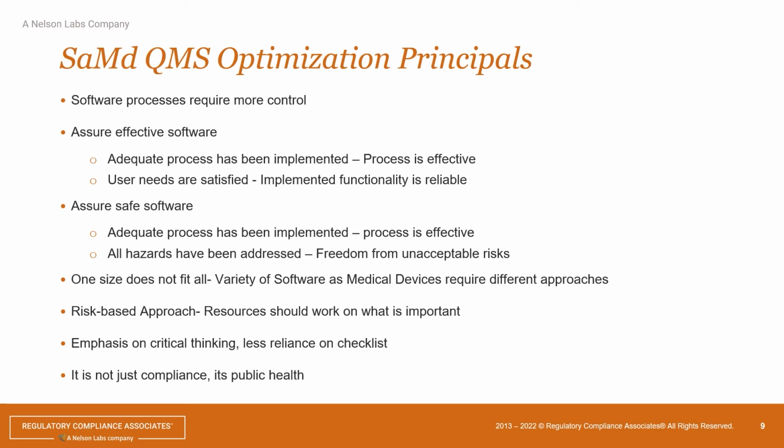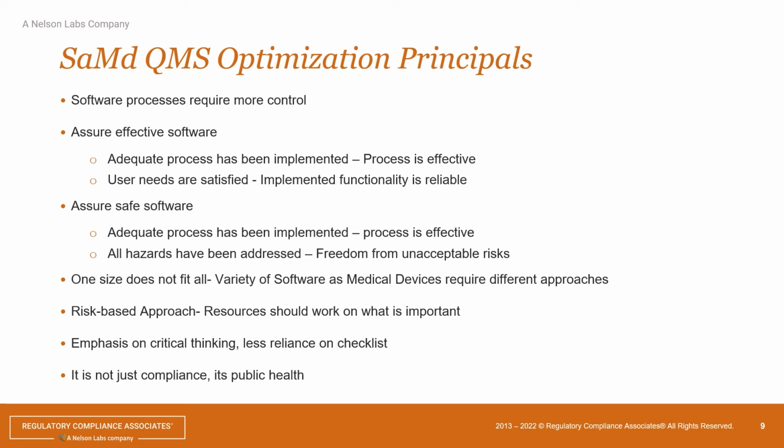And with having an effective process, we have a better chance of making sure that not only we specify properly the user needs, but also that through verification and validation and other objective evidence, we can demonstrate that we have the functionality that is reliable and ensure that we have an effective software that performs as expected.